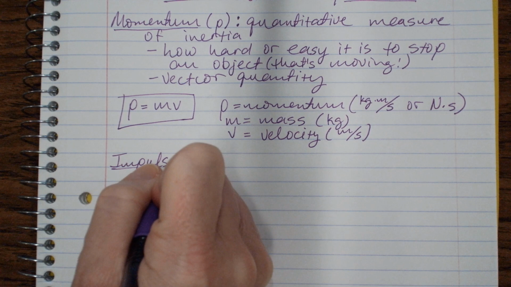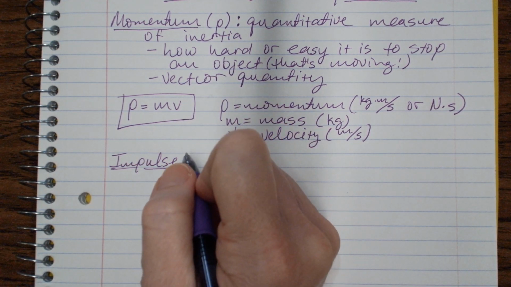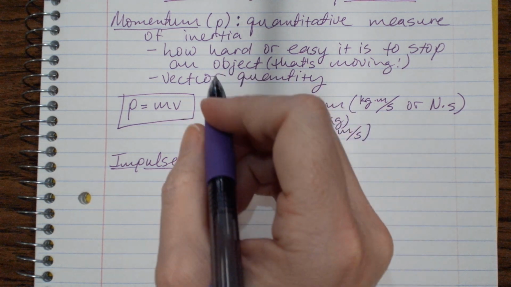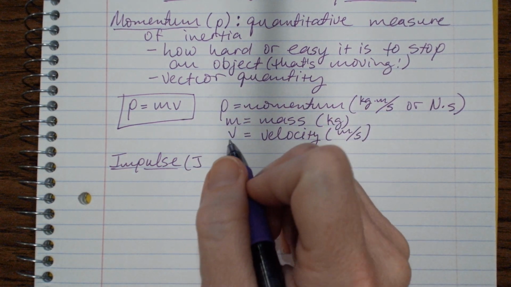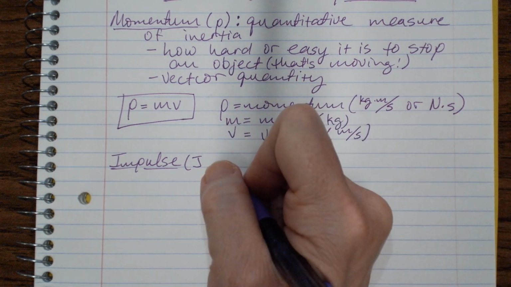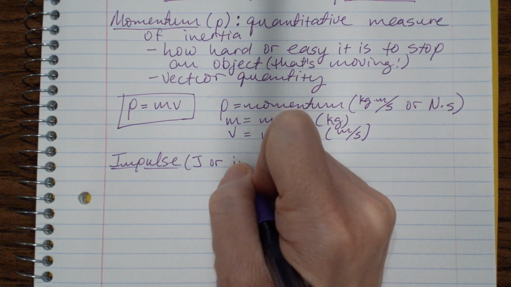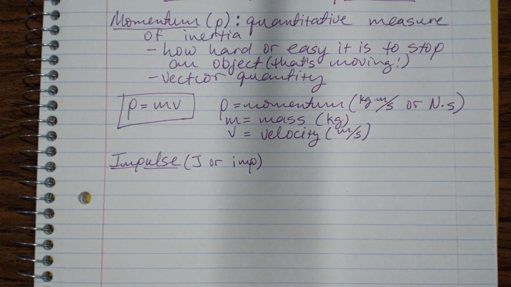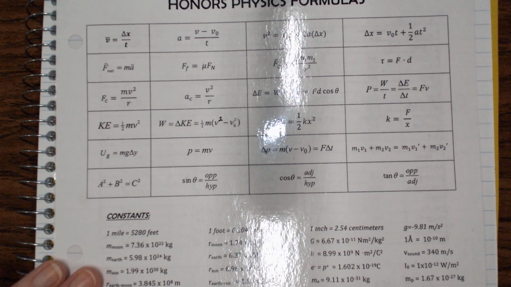Okay, so an impulse. Some people like to denote it by a capital J. Or I think on your formula sheet it literally just says IMP. Let me look real quick. So here's your formula sheet. Yep.